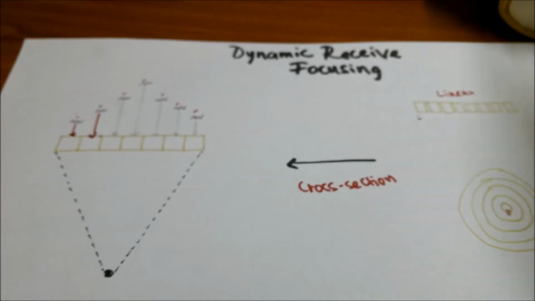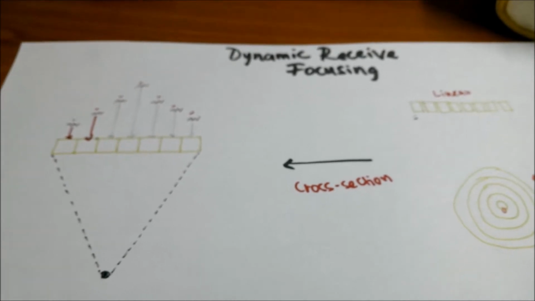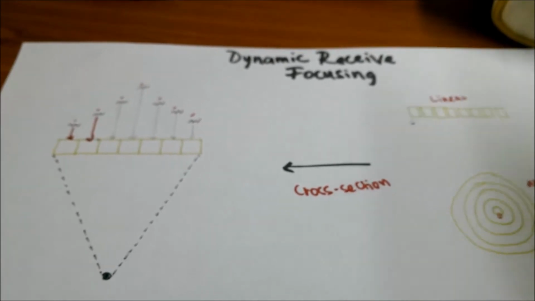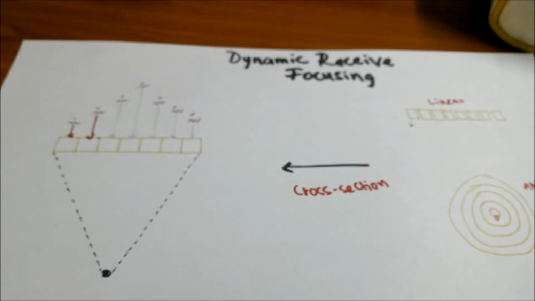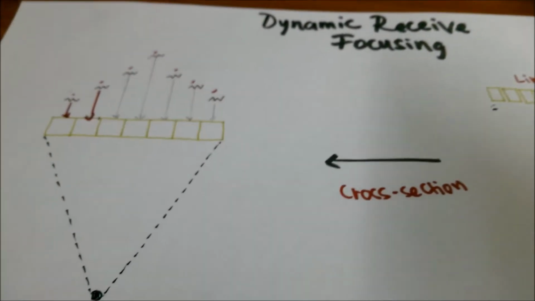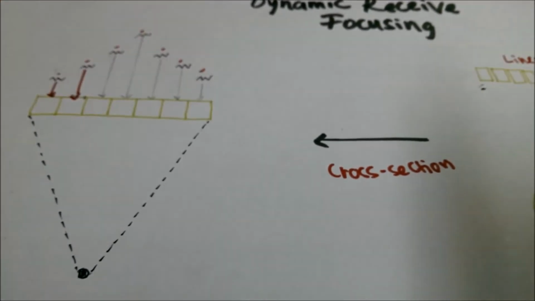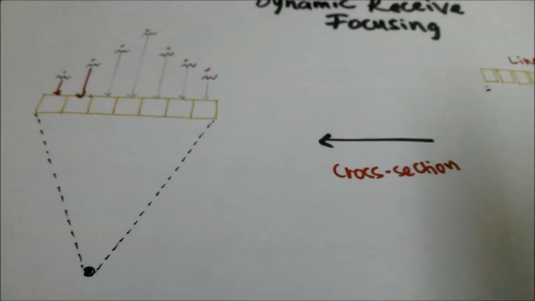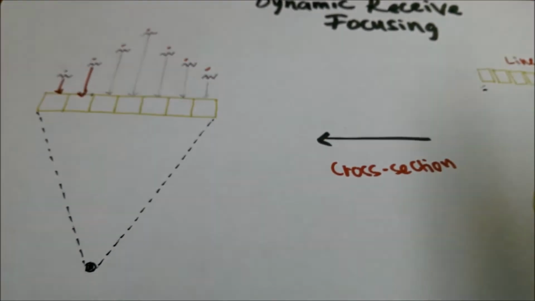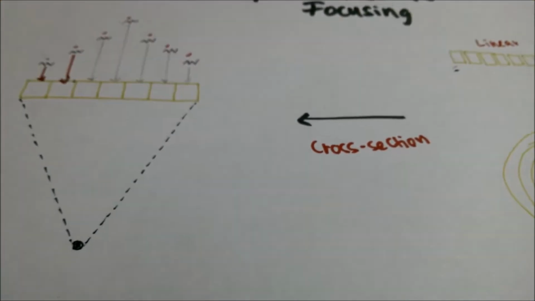This reception zone focusing relates to the depth of the returning echoes and optimizes image quality. In dynamic receive focusing, when the elements are excited, they create an electrical impulse that returns through multiple channels to the machine's receiver.